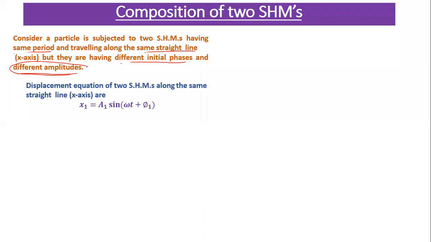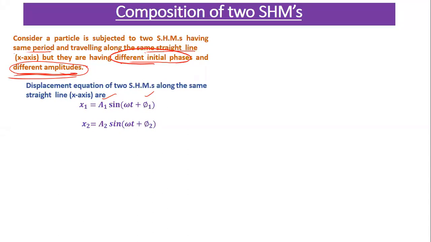The first equation is x1 is equal to a1 sine omega t plus phi 1, because we consider different amplitudes. The amplitude of the first SHM is a1, and the initial phase is also different: phi 1 for the first one, and phi 2 for the second. So the second equation is x2 is equal to a2 sine omega t plus phi 2. So we get two equations for SHM.